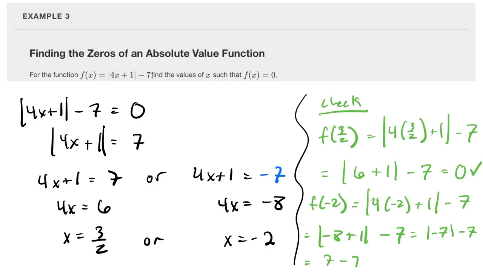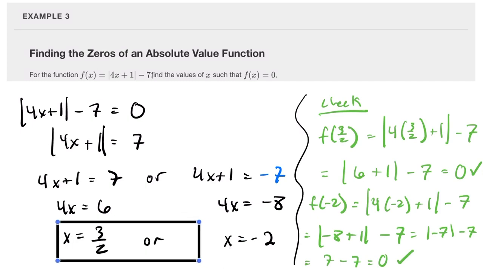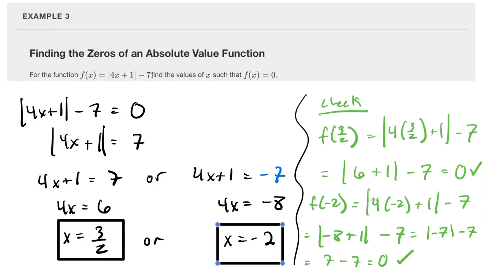So then 7 minus 7 is 0. So that checks out as well. Okay. So then we can be confident in these results. So we got 3/2 and negative 2.